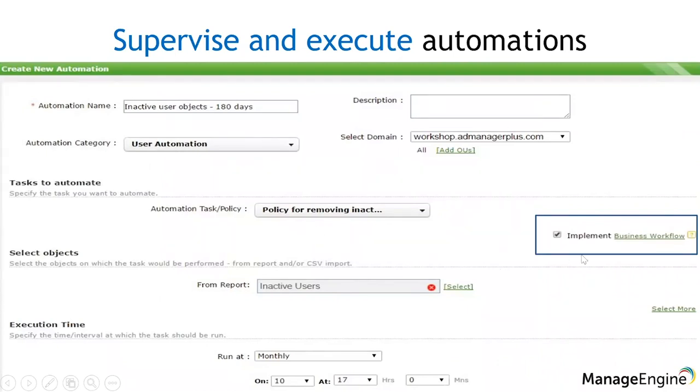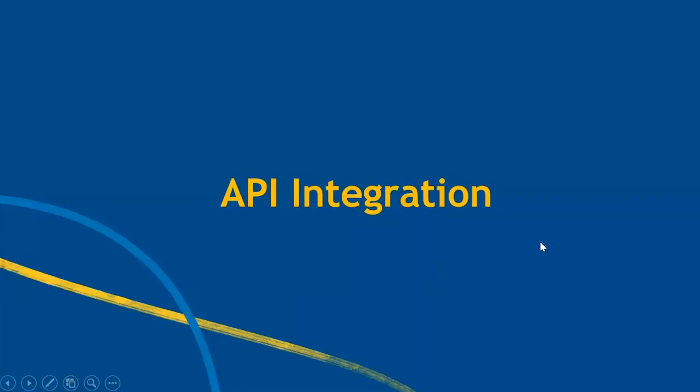Now, for any automation that you create, you will be able to implement a business workflow, which is nothing but a request and approve methodology. So only when the manager or the team lead or the team manager or when the domain admin say yes to an action or yes to an automation, the action will take place or the action will not take place, okay? So you can automate, and at the same time, you can also supervise and then automate a process, okay?